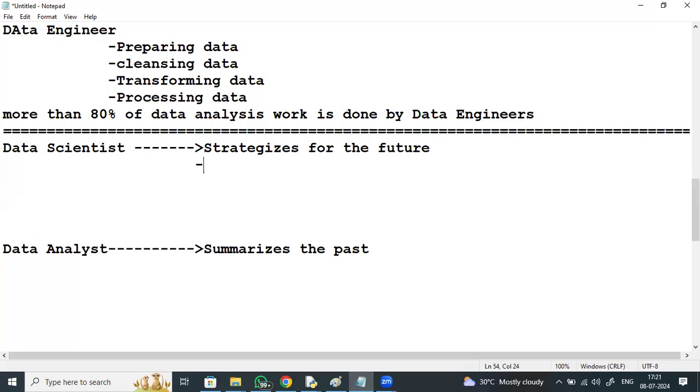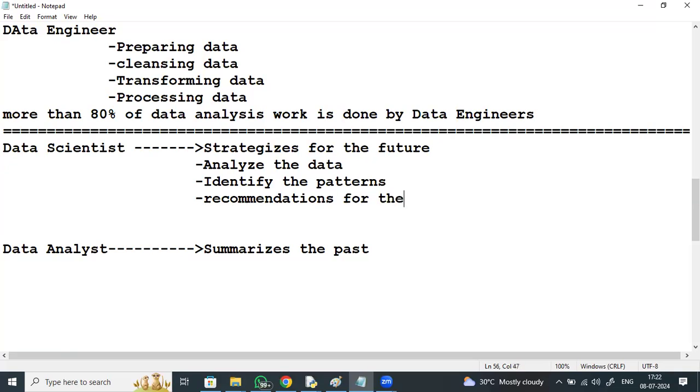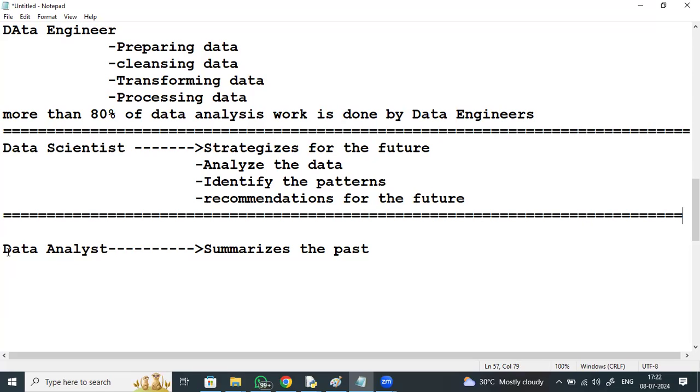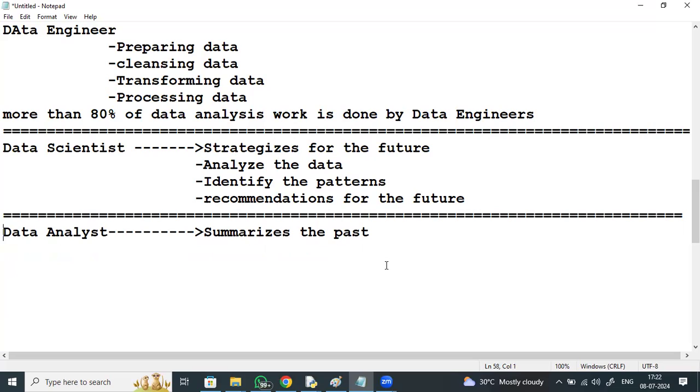The data scientist, not only that, is going to analyze the data, identify the patterns, and finally perform recommendations or predictions for the future. That is the main thing. The data analyst summarizes the past.